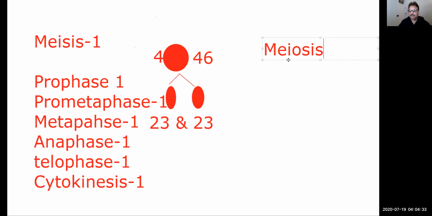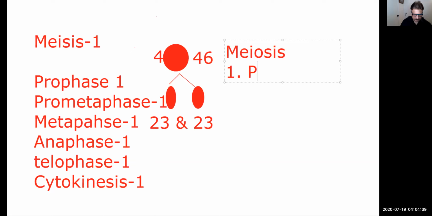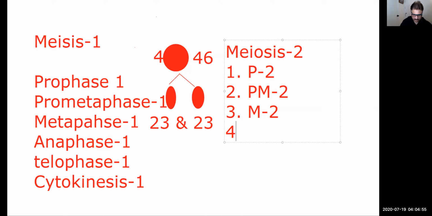Meiosis 2 is composed of prophase 2, the second phase is prometaphase 2, third is metaphase 2, fourth is anaphase 2, fifth is telophase 2, and then cytokinesis 2.